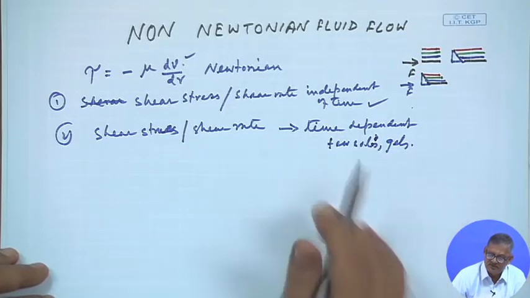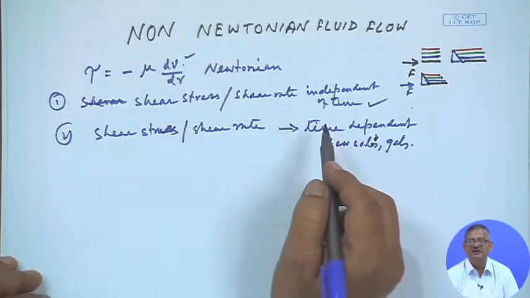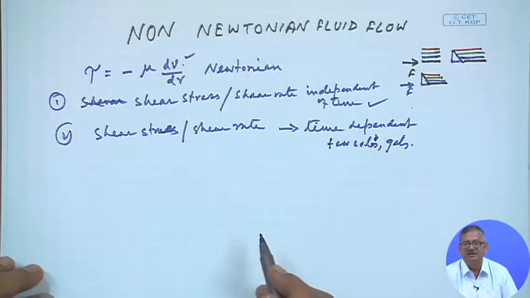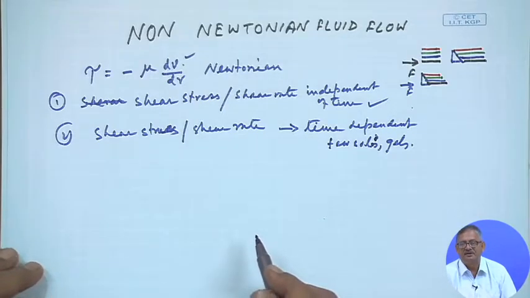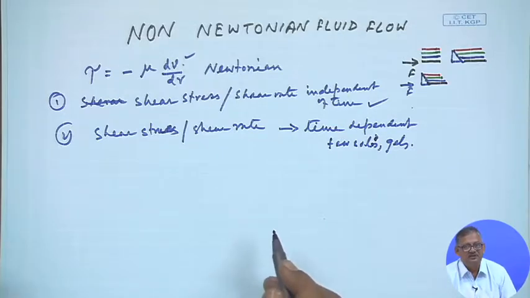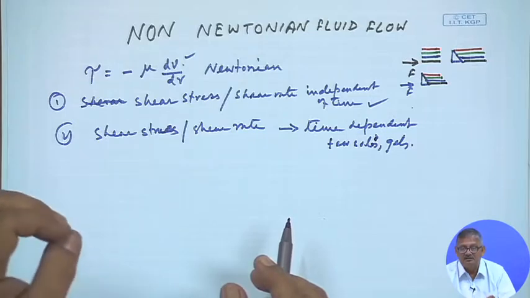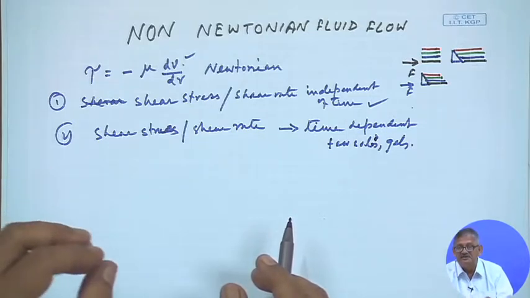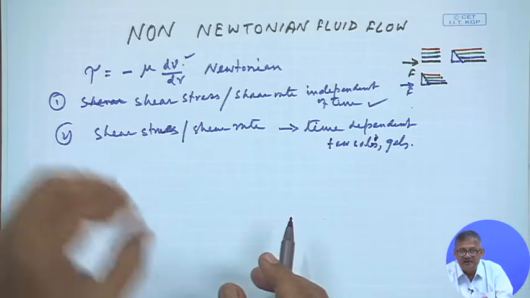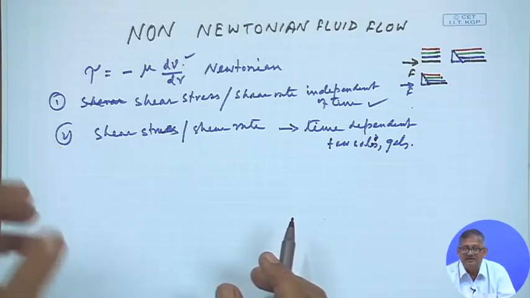So, now these are the two: shear stress to shear rate independent of time is one type of fluid, and shear stress to shear rate dependent on time is another type of fluid. Time dependent means at 11 o'clock, if it is one value, maybe at 12 o'clock it will have another value, maybe at 1 o'clock it will have another value.